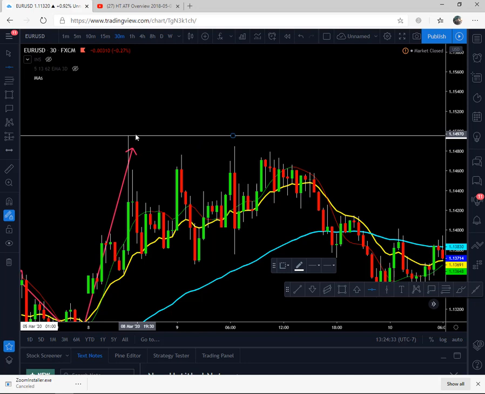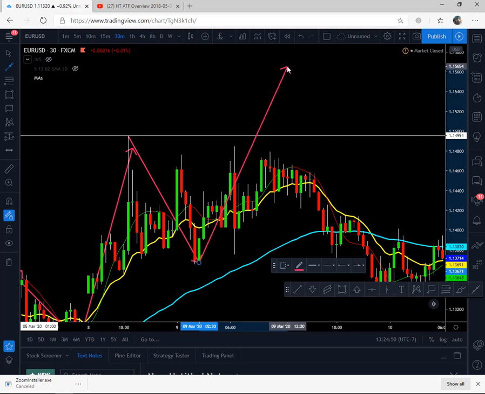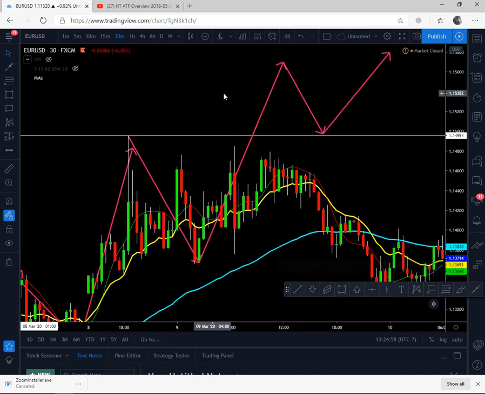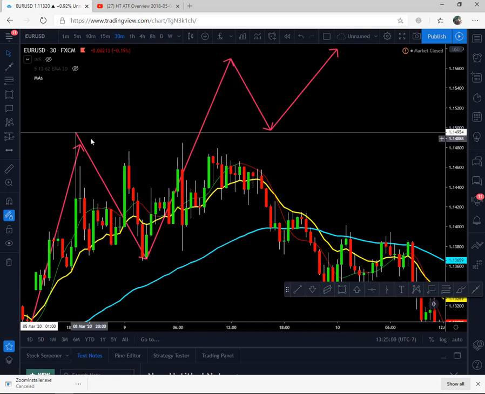So this could have been an indication of potential reversal since price failed to make higher highs. See that? That would have been a confirmation of continuous uptrend.